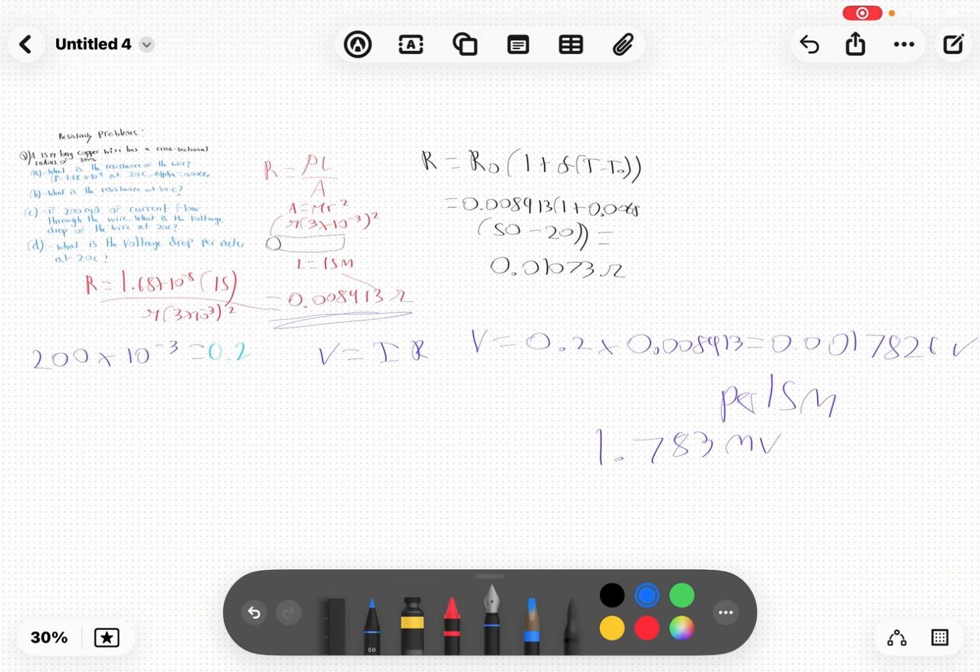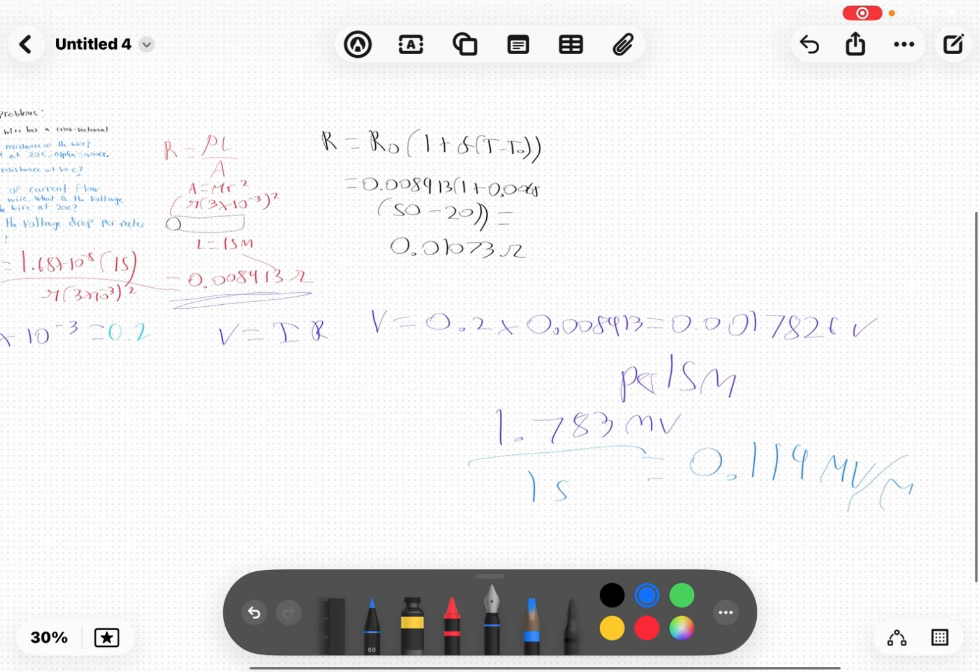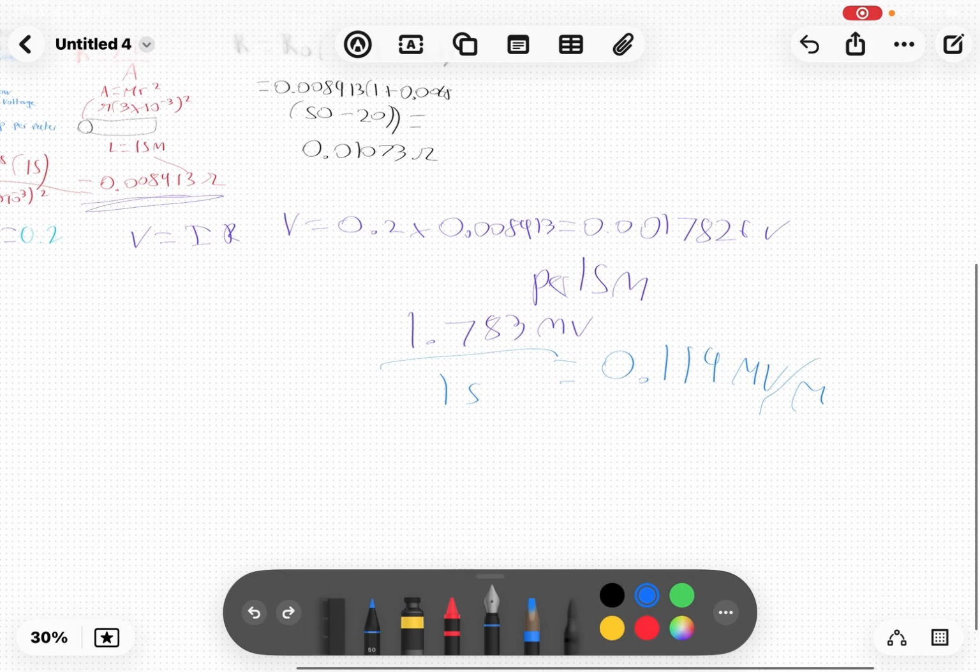So what we do for these, we just divide this by 15 and we get 0.19 millivolts, because it's in milli, so we keep it in millivolts, and that will be per meter. We just answered all the questions, but let's say it asked what if the wire was 300 meters. We would just times this by 300, because this is just per meter, so I think you should get it as basic knowledge.